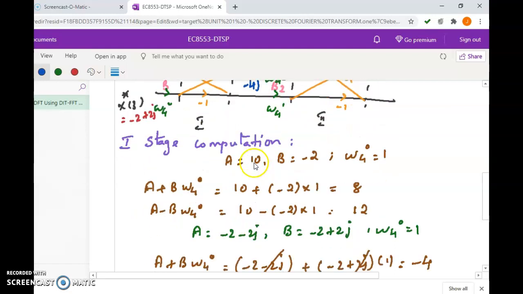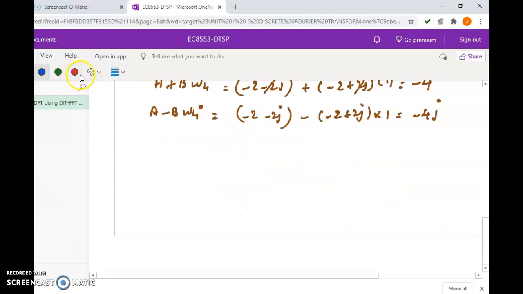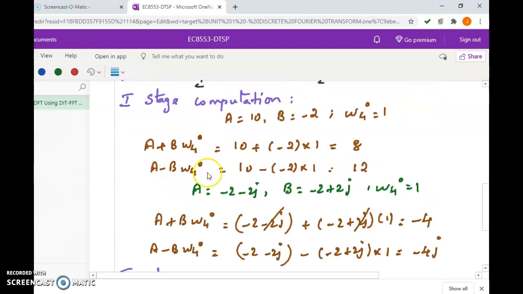Then we have to go for the second stage computation using a similar formula, but the output is for 2 stages. Okay. For second stage computation, you have to take A1, A2, B1, B2.